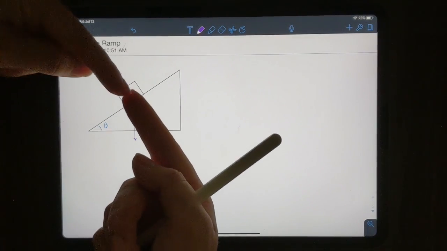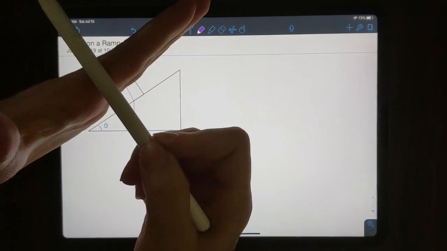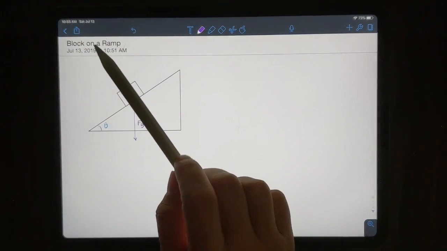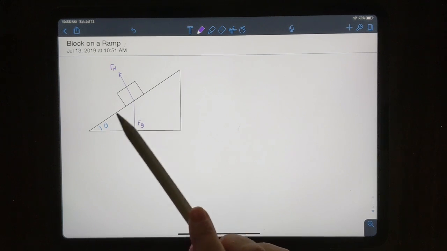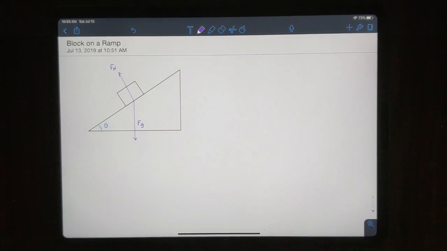So the normal force is going to be directly perpendicular to the surface of contact between the ramp and the block. Okay, so those are the only two forces acting on our block.